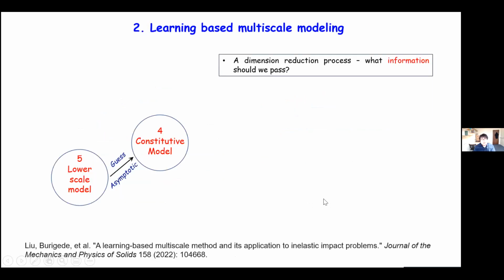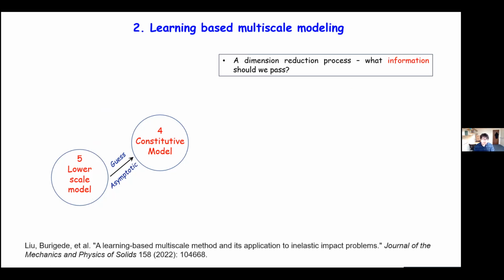And the second topic I want to discuss is, all right, so now we have relatively satisfying surrogate models for solving PDEs. How are we going to bridge the scales between the different length scales? So what information should we pass basically? And if we think really about this, it is a question about dimension reduction, right?